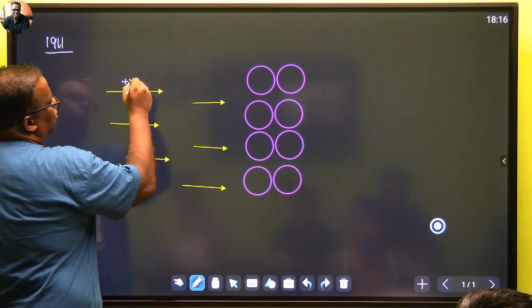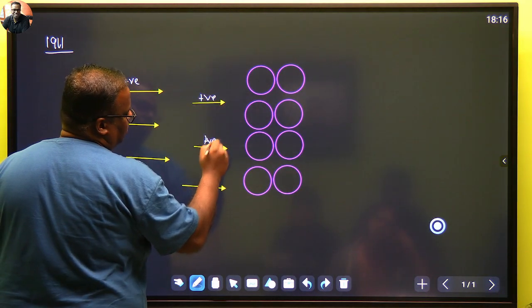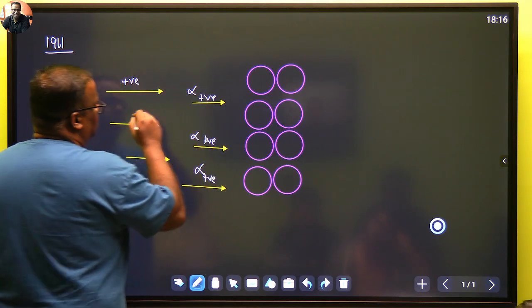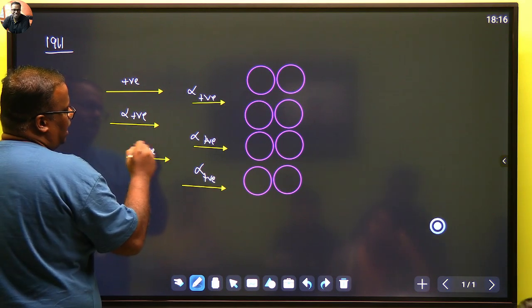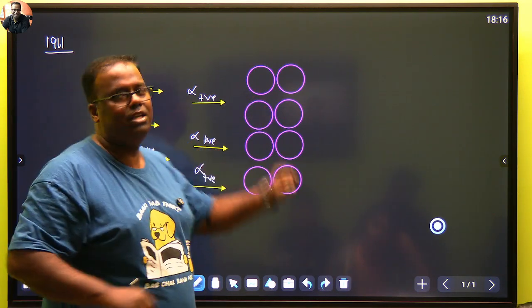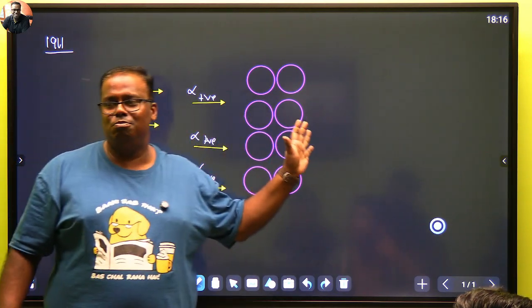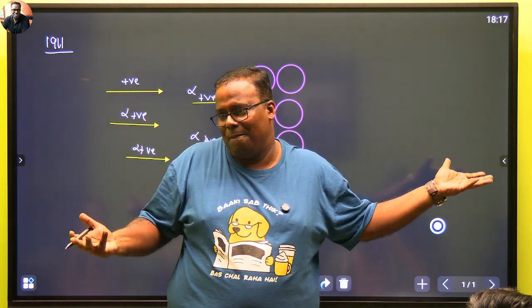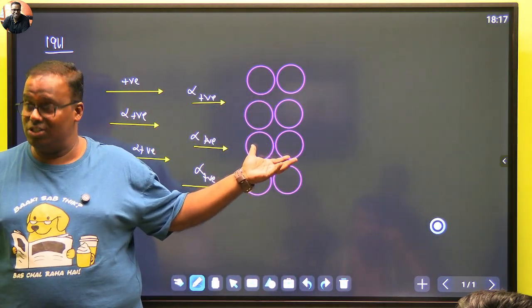They are all positive, positive, positive, positive. These are all my alpha particles. If Mr. Thomson, you said that the atom is entirely a positive sphere, how did my positive particles go undeflected through them? They should have all deviated, as like charges repel.